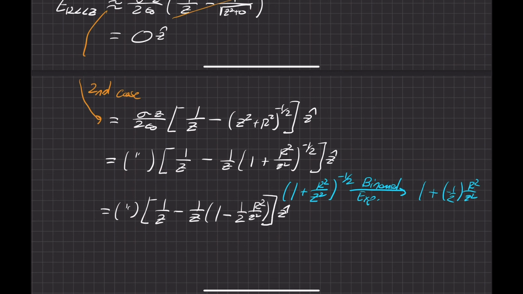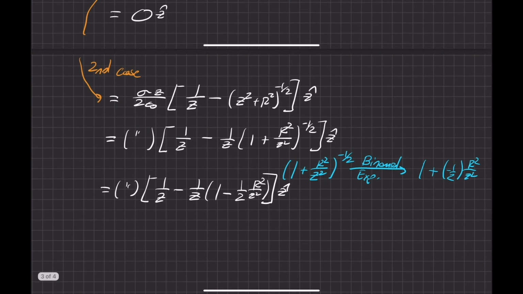And so we'll just do some algebra over here. Rewriting all of our values, we have the constants times the quantity of 1 over Z minus 1 over Z plus 1/2 R squared over Z to the third, all pointing in the Z hat direction.